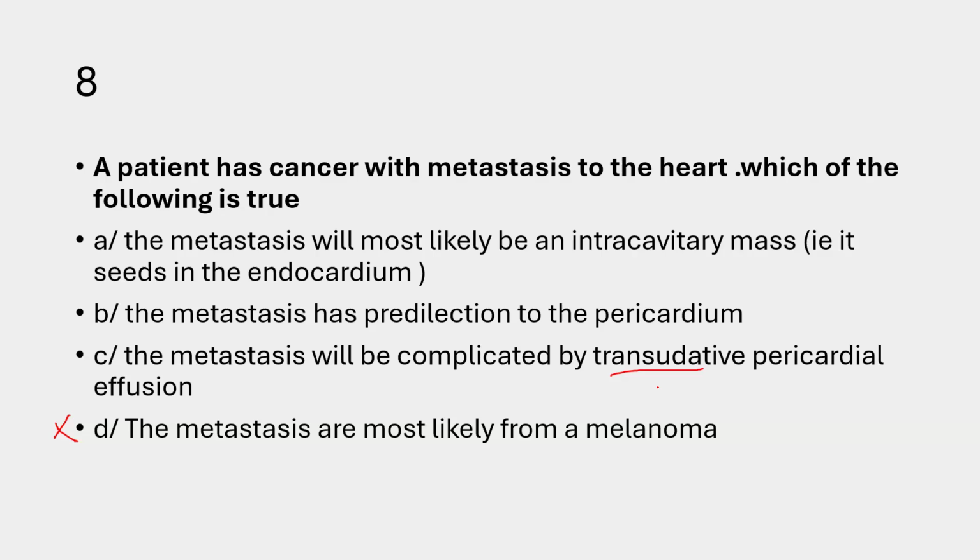But exudative is for infection, high protein content, infection, malignancies and inflammation. So usually the mets of malignancy is hemorrhagic, so it's not transudative, it is exudative. So we are between A and B.